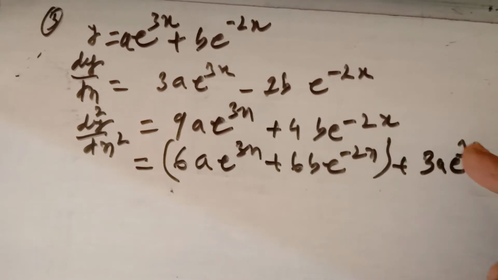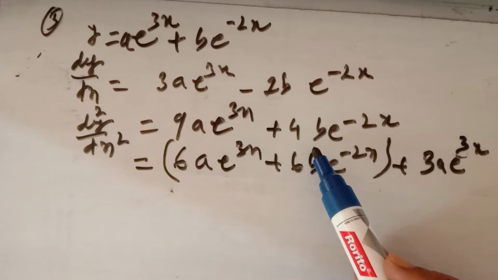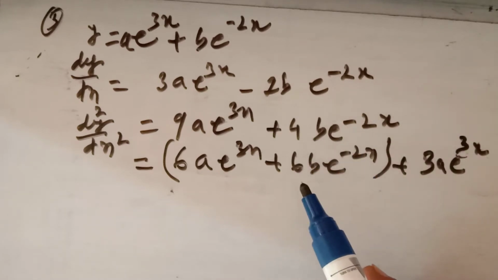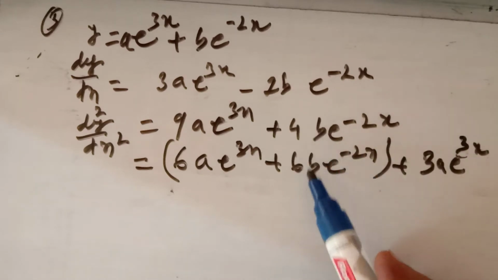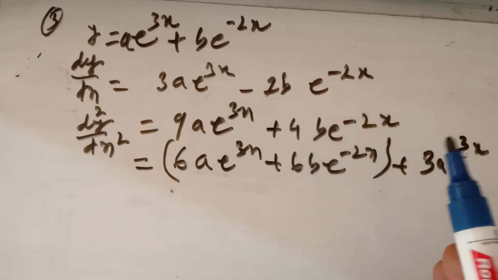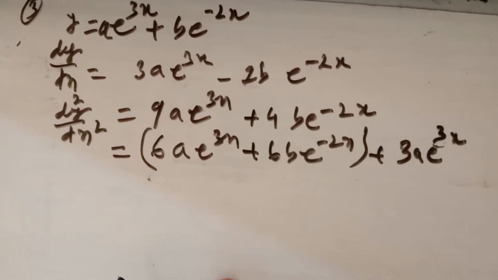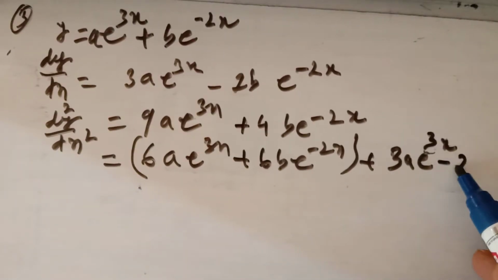Now in place of minus 2, in place of 4 I have written 6. So to have the same, I am writing it like this, it will be minus 2b e^(-2x).